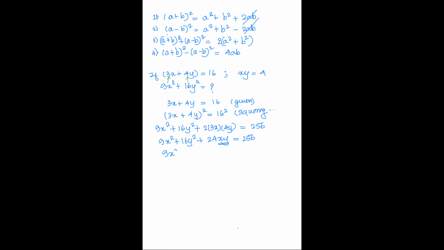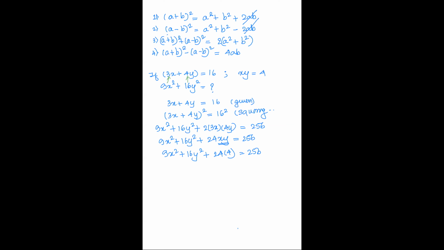So 9x square plus 16y square plus 24 into 4 is equal to 256. Now you simply multiply 24 and 4 and take it on the other side. 24 into 4 करेंगे तो वो बन जाता है 96.